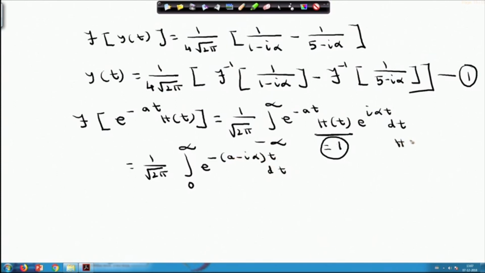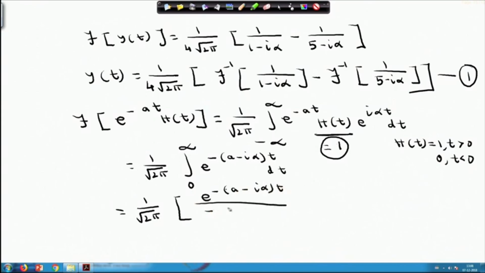Please note, again I am repeating, h(t) equals 1 for t greater than 0 and it is 0 for t less than 0. Once you have obtained this, I can evaluate the integral: 1 by root 2 pi into e power minus (a minus i alpha) t by minus (a minus i alpha), where the limit is from 0 to infinity.